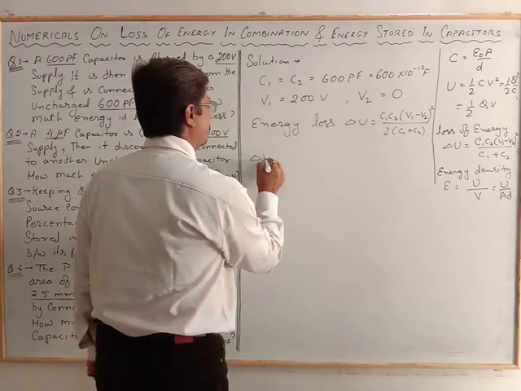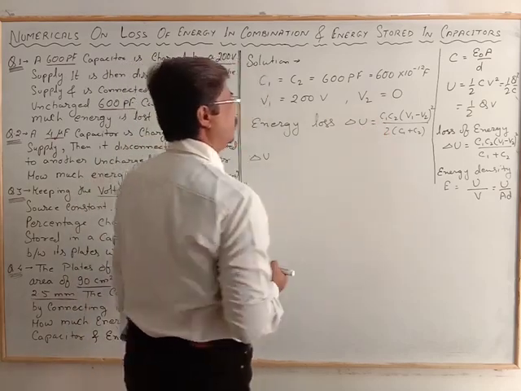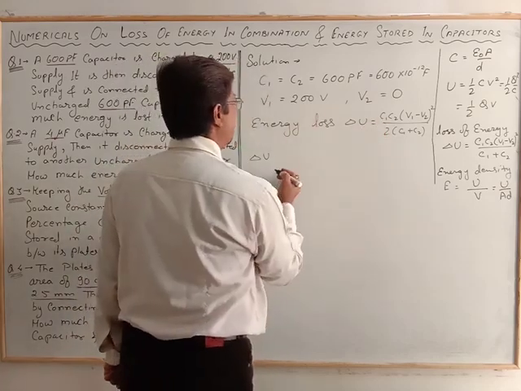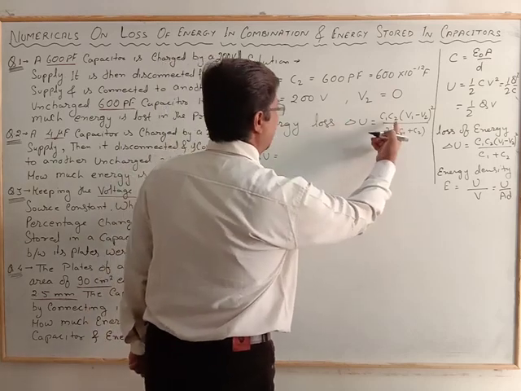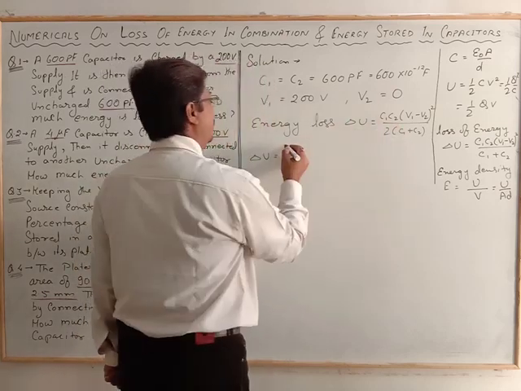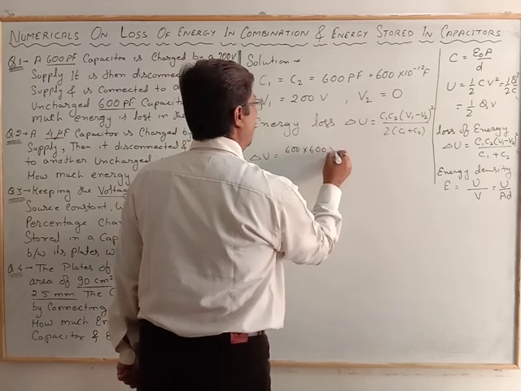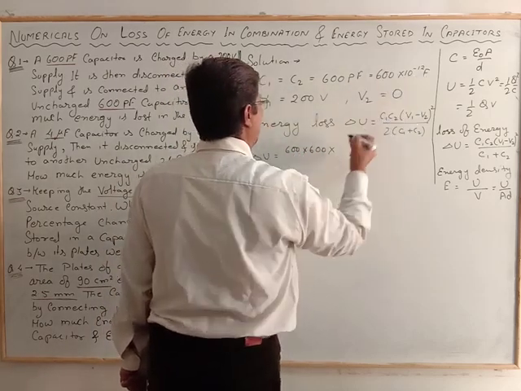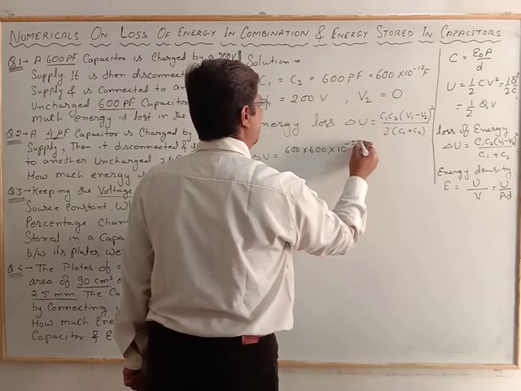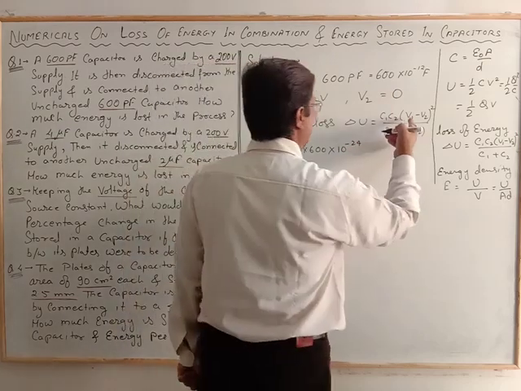So delta U, the energy loss, is equal to C1, in place of this 600, and in place of C2 also 600. So that becomes 600 into 600 and 10 to the power minus 12 times 10 to the power minus 12, that becomes 10 to the power minus 24. Now what about the potential?